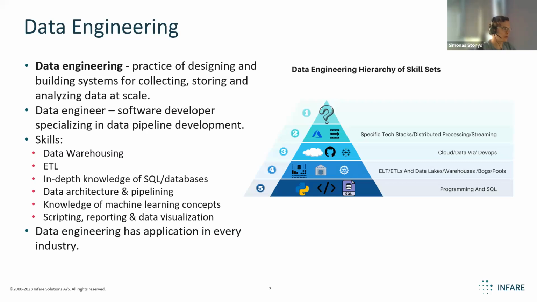So for example, in my team, we have one data analyst and two data engineers. We don't have any data scientists, but those data engineers are preparing data for data analysts to use, and then all of us can specialize in the area where we are the most competent.